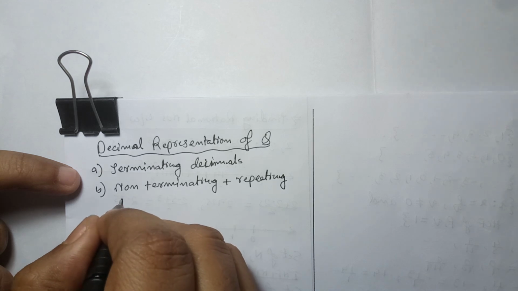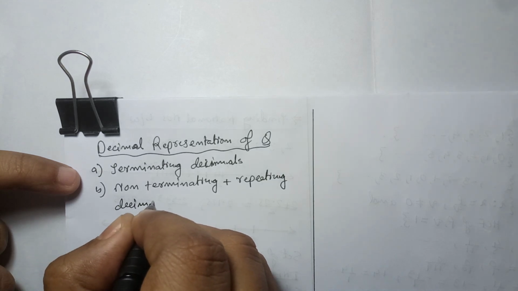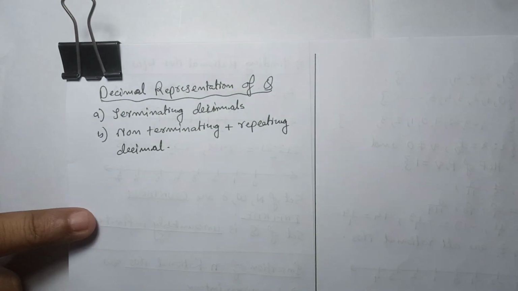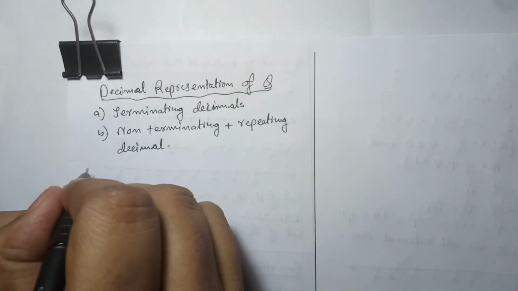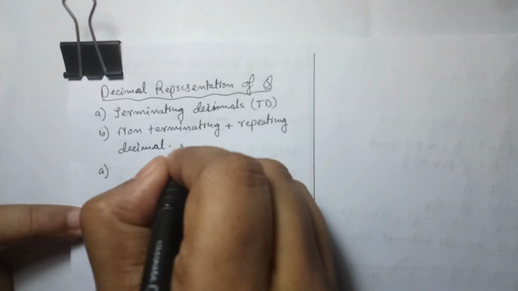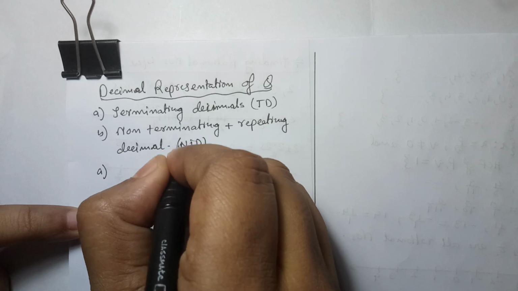We say both. So, what is a terminating decimal? I'm just writing TD, I'm not writing the entire thing, and non-terminating decimal as NTD.